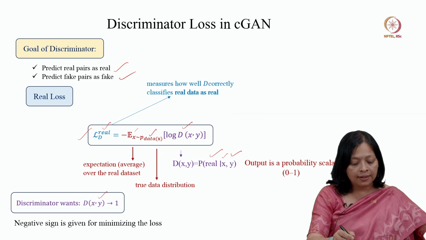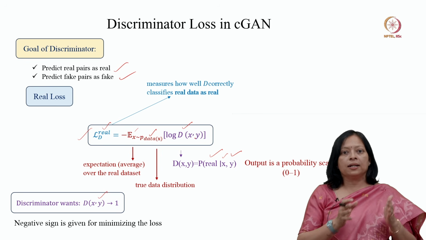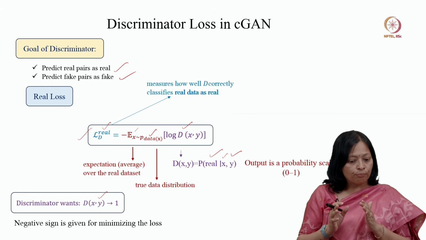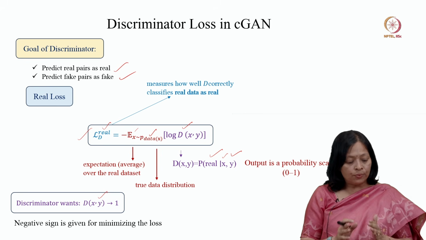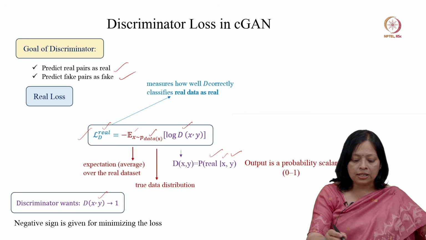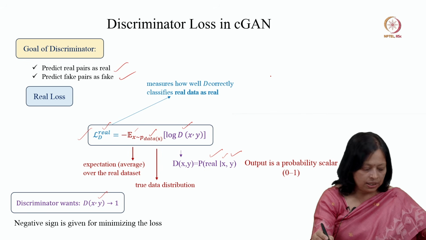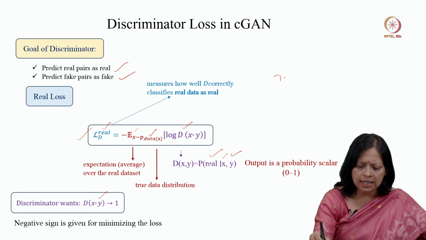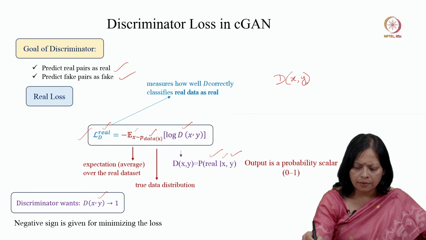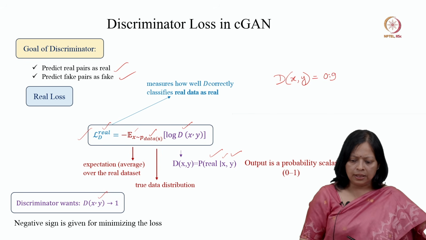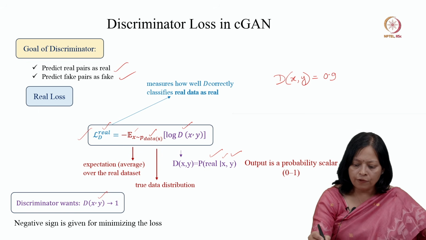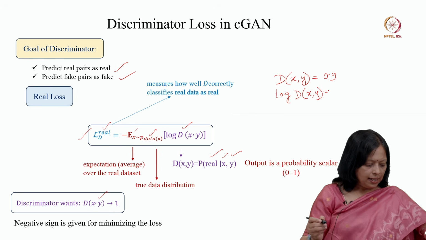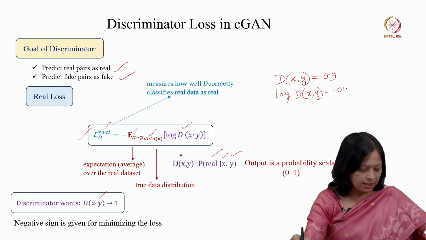So, if we see here for various values, you can take the probability score as, say, 0.9 and 0.2, and you will see what happens. Suppose D(x,y) equals 0.9, then log of D(x,y), you can check this one, is equal to minus 0.045.